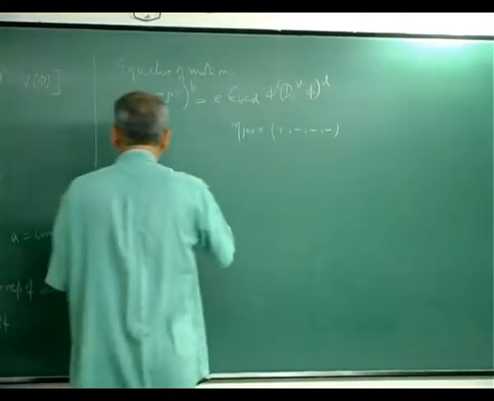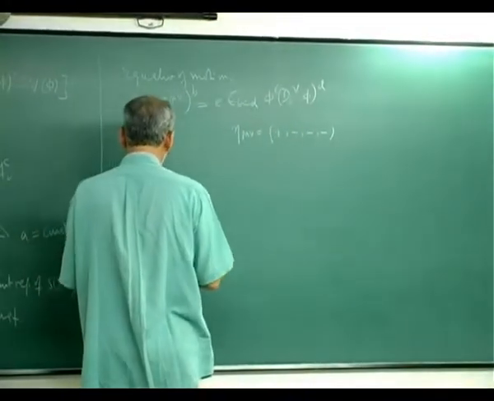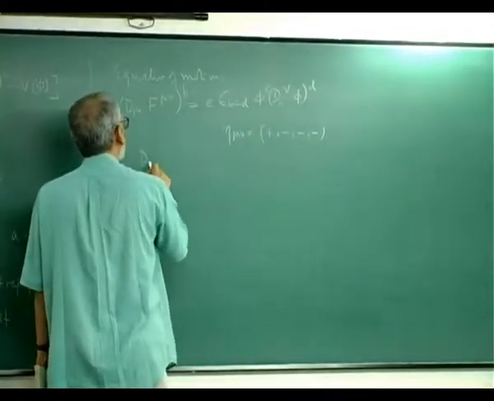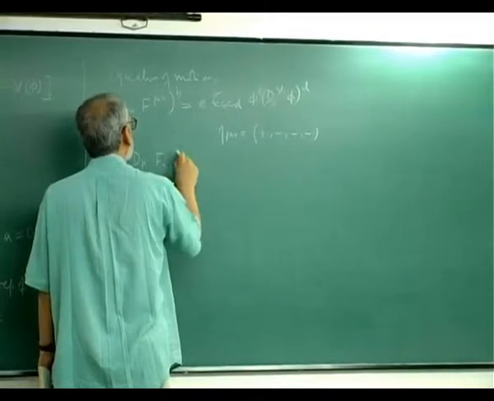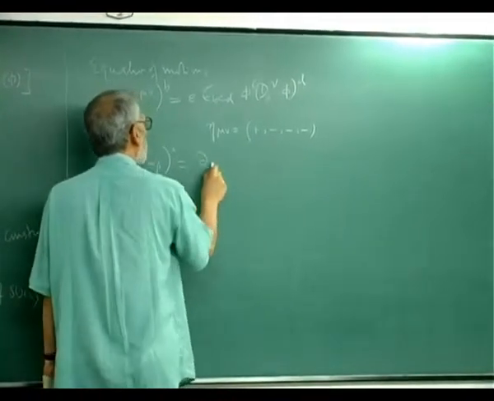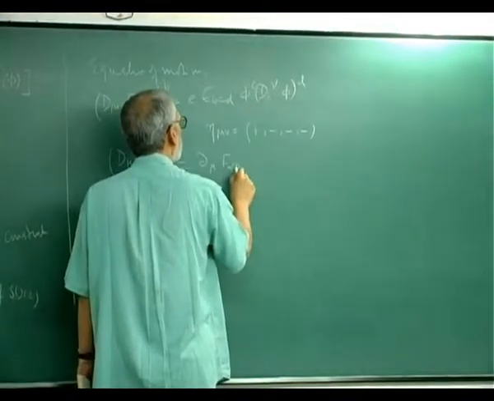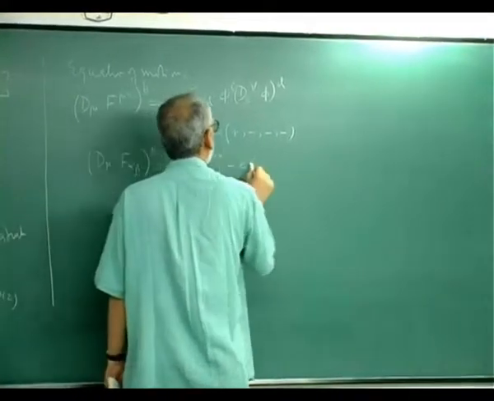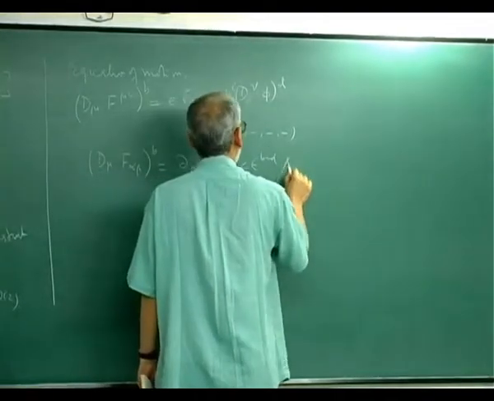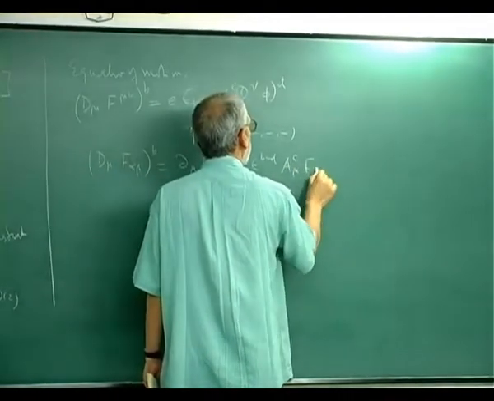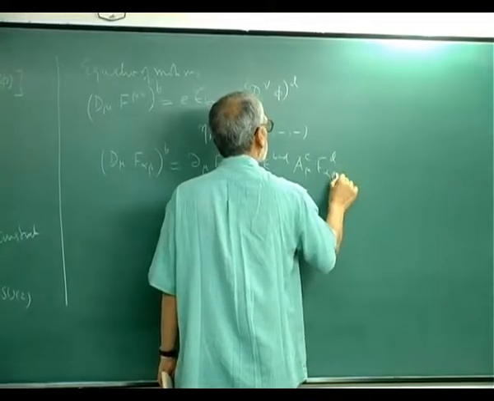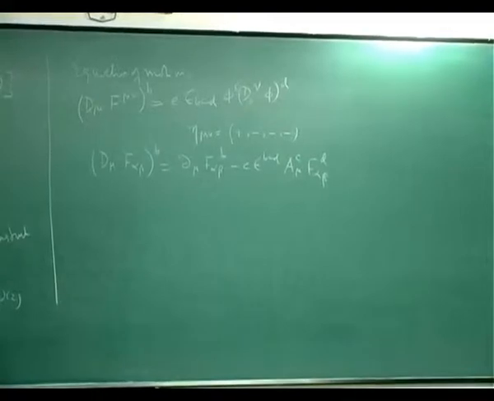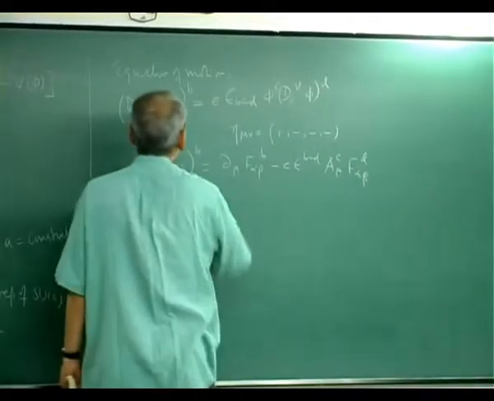And this covariant derivative on F is defined in the same way as the covariant derivative on phi, which means the covariant derivative of F alpha beta B is the ordinary derivative of F alpha beta B minus epsilon BCD A mu C F alpha beta D. So that's how this covariant derivative is defined.